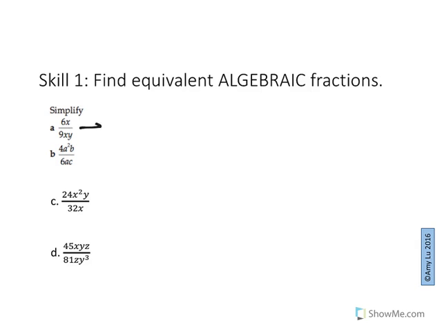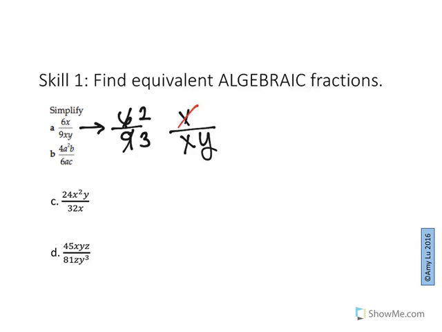If we look at A, you want to find the highest common factor so you can cancel them. I'm going to work with the numbers first. I know that I can cancel 6 and 9 by 3, so this reduces down to 2/3. Now what I'm left with is an x and an xy.